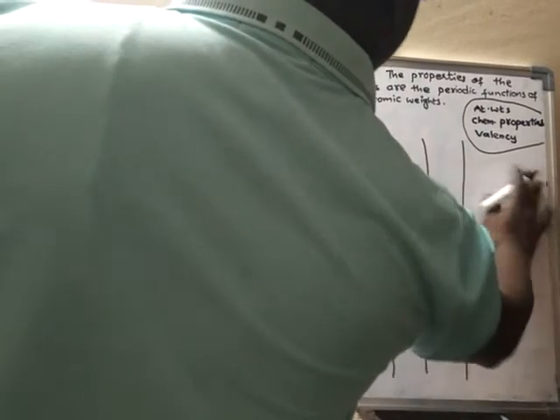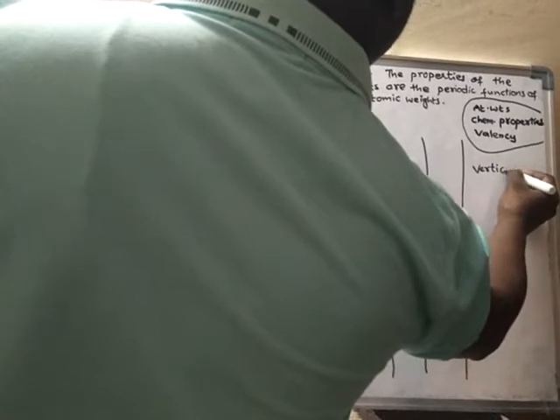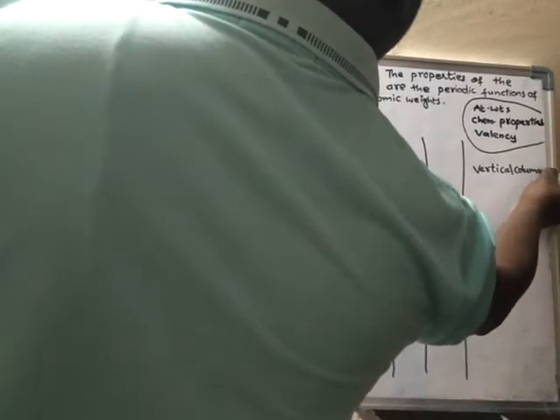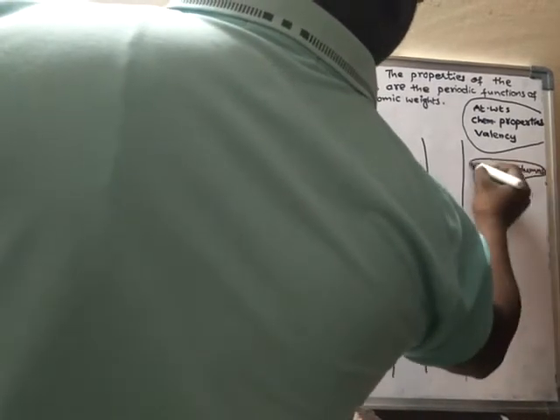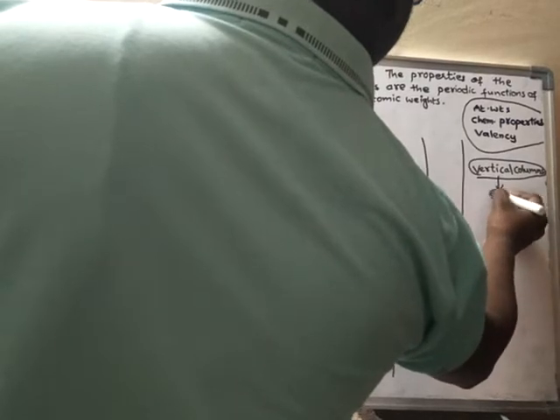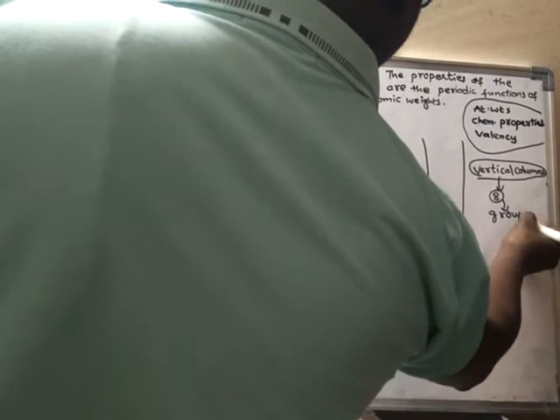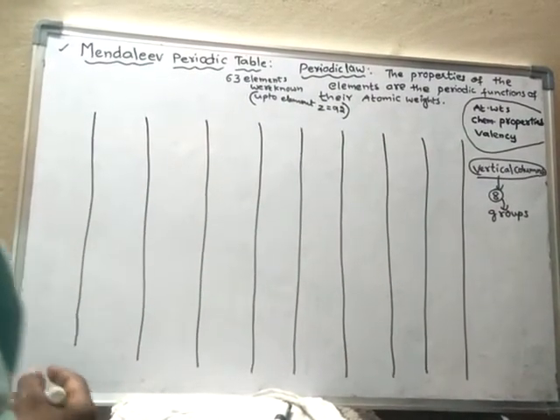Already we know what a vertical column is. These 8 vertical columns are called groups. How many groups are there? 8 groups are there in the original Mendeleev periodic table.